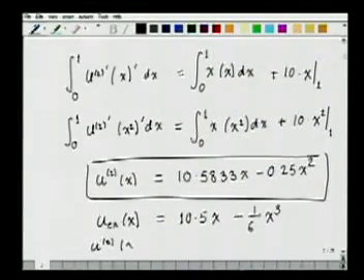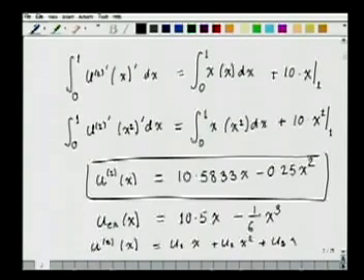If we went ahead and took the 3-term solution instead of u2(x), if we took u3(x), this was equal to u1 into x plus u2 into x squared plus u3 into x cubed, then by going through the whole procedure, we'll get the exact solution back.